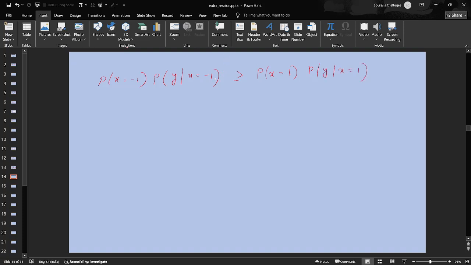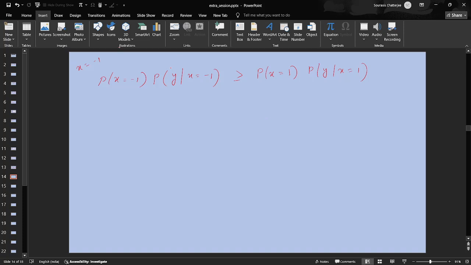When this probability is greater than this, you decide in favor of -1, otherwise 1. To find the threshold, I look at the point where these are equal.